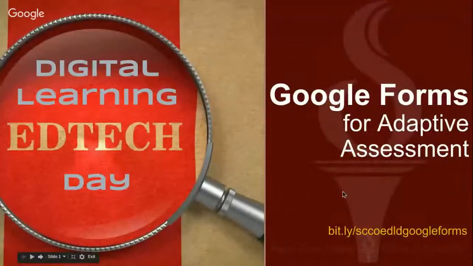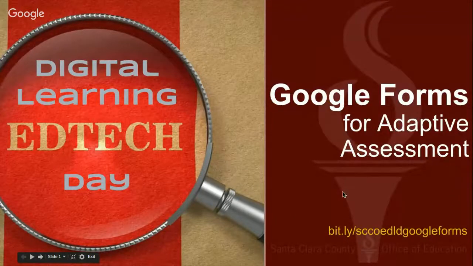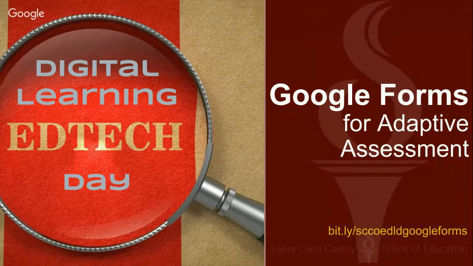So here it is, the presentation on using Google Forms for adaptive assessment, and I have a bit.ly there if you are interested in taking a look at the slide presentation itself. It's open to you, and you can have access to that at any time you wish. That's bit.ly SCOE DLD Google Forms, and I'll show that again at the end of the presentation.